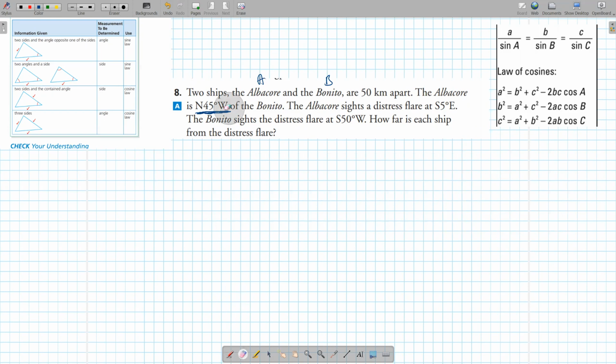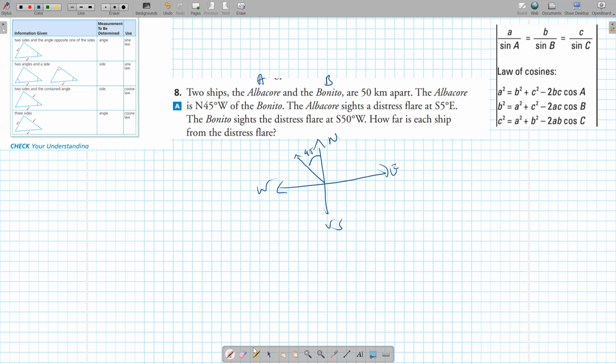So what that means is, if you've seen a compass, it works like this: there's north, east, south, west. So north 45 degrees west means you first go north, and then you turn 45 degrees in the west direction.